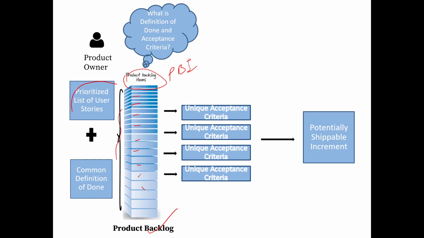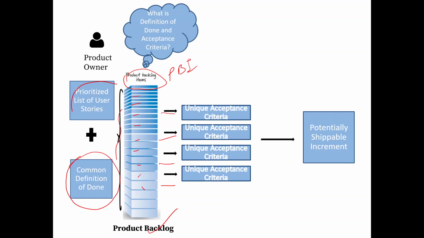Each has a common definition of done and unique acceptance criteria. If you see, this is a common definition of done which is across all user stories, and every user story has a unique acceptance criteria. What does that mean?